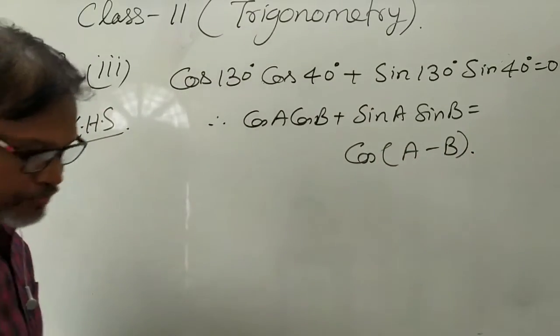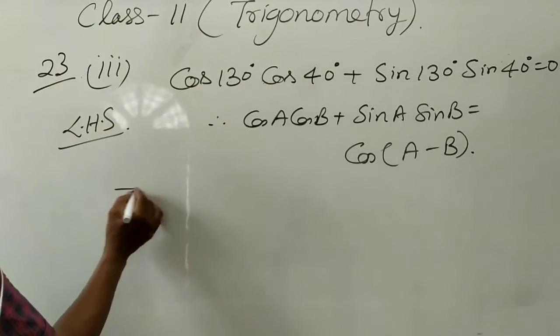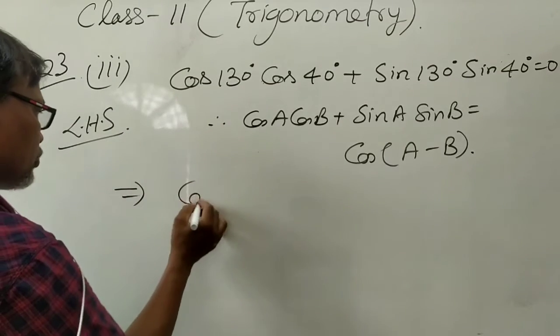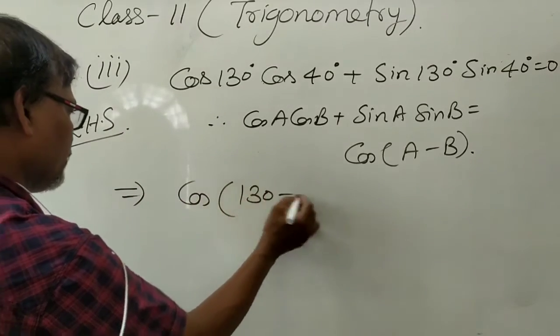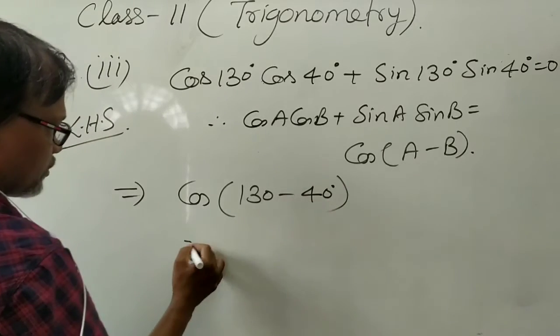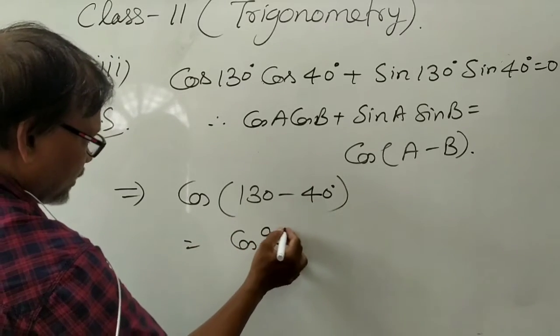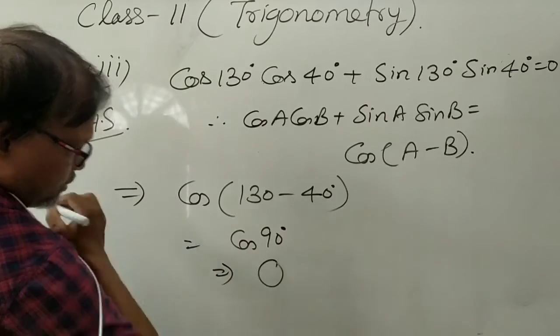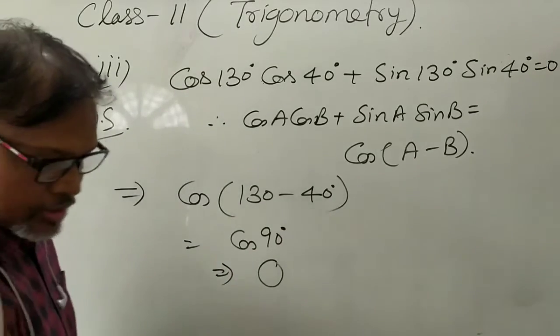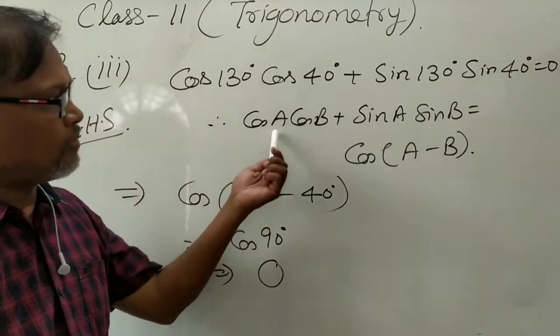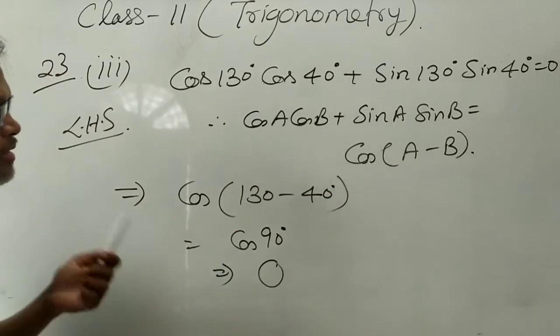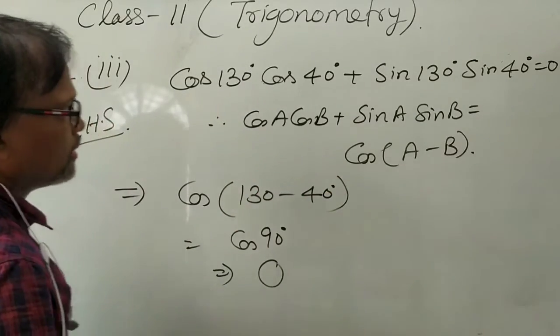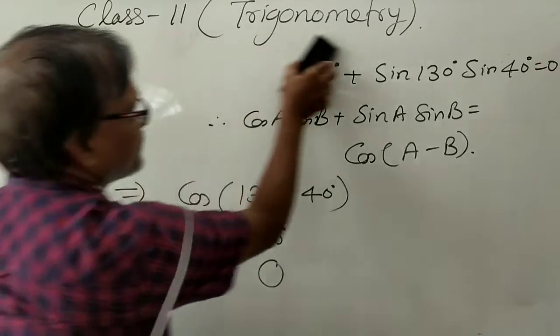Yes, you know. Now using the same formula, this will be cos 130 minus 40. So this will be cos 90 and cos 90 is 0. It is proved. So using the formula of sum and difference, you can show the solution of the question.